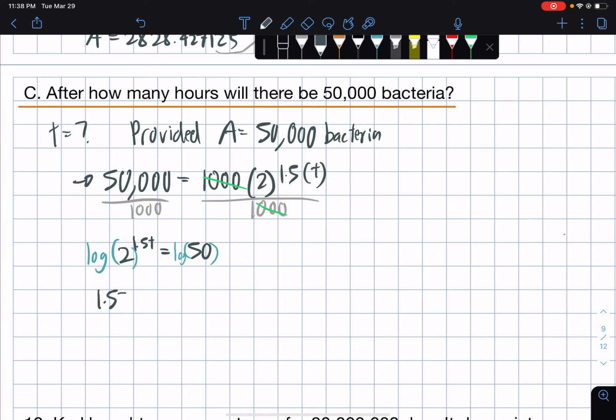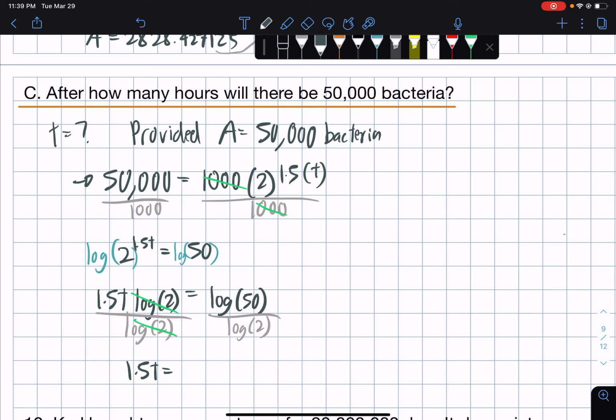We get 1.5T log 2 is equal to log 50. Divide both sides by log 2. So log 50 over log 2.